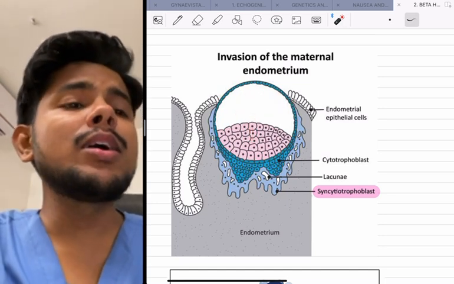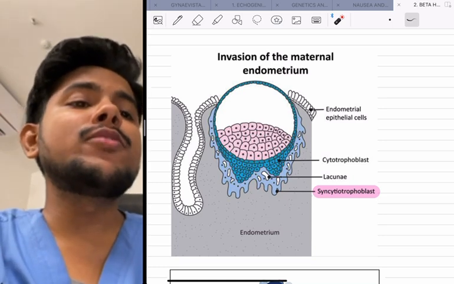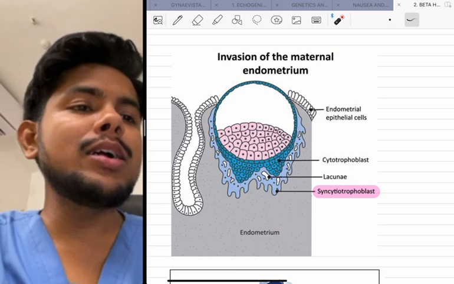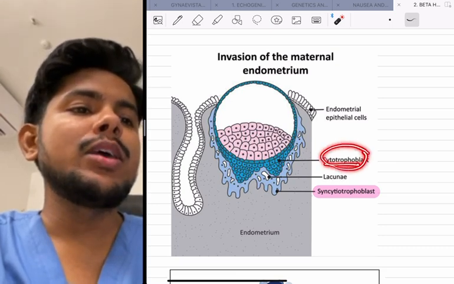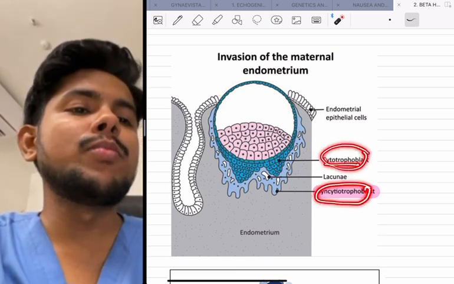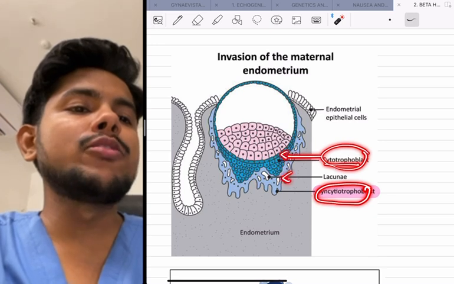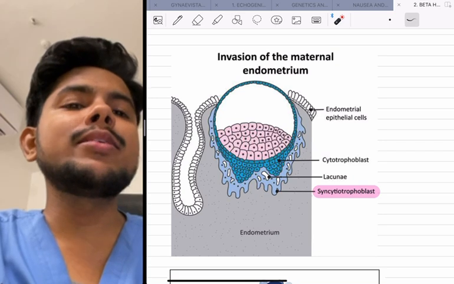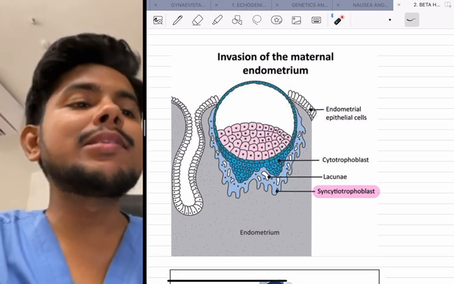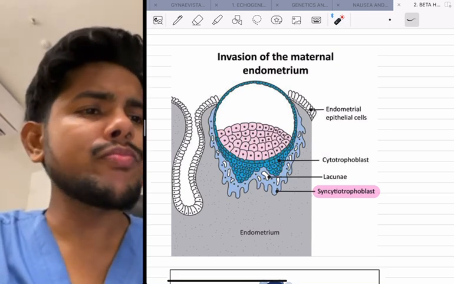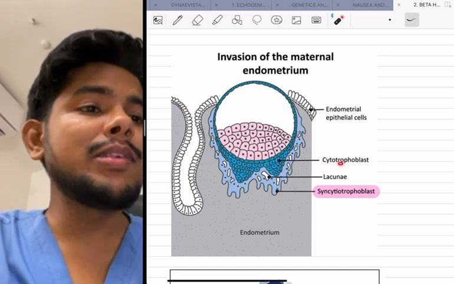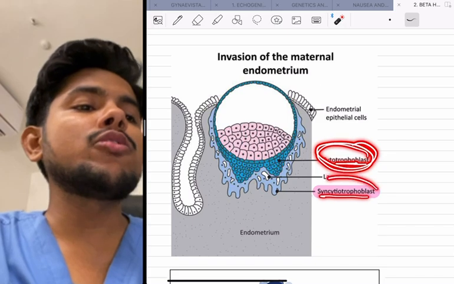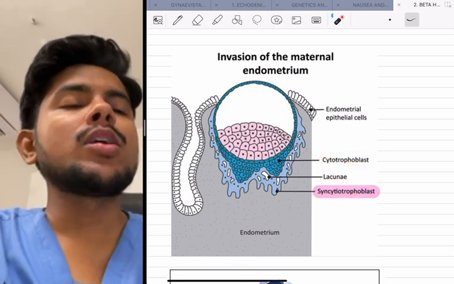Am I clear with this? Now this outer cell layer further differentiates into the inner cytotrophoblast and outer syncytiotrophoblast. This is your cytotrophoblast and this is your syncytiotrophoblast. As we know, a multinucleated animal cell is called syncytium, and trophoblast means something related to the placenta. So that's why it is called syncytiotrophoblast.